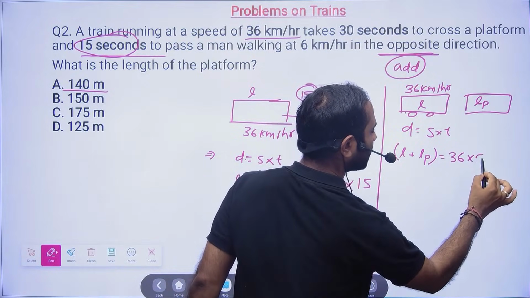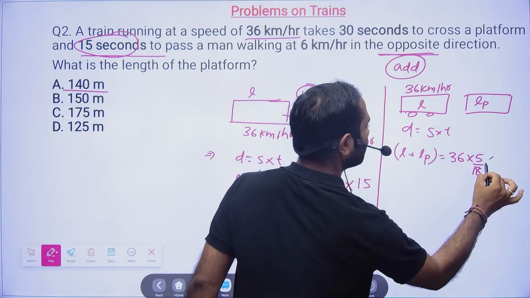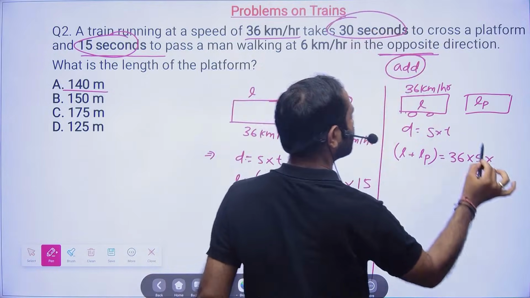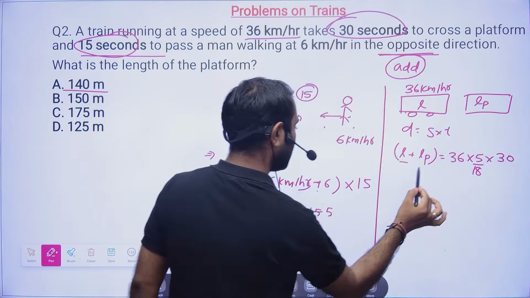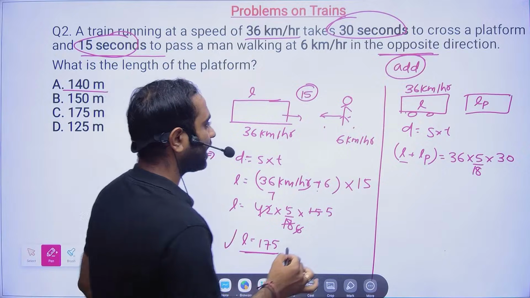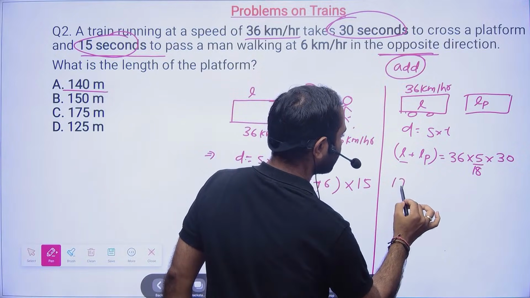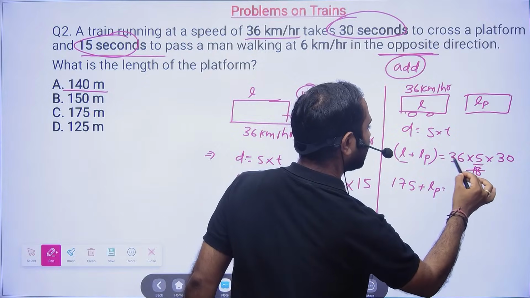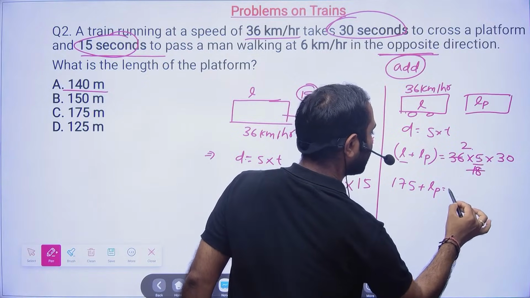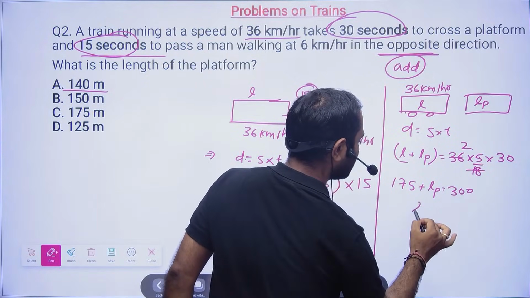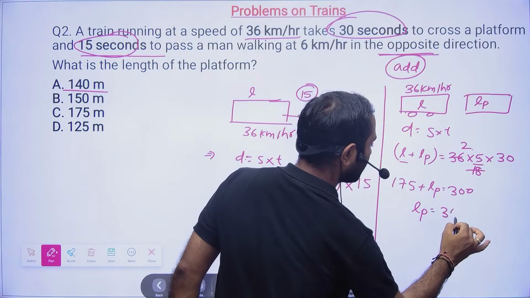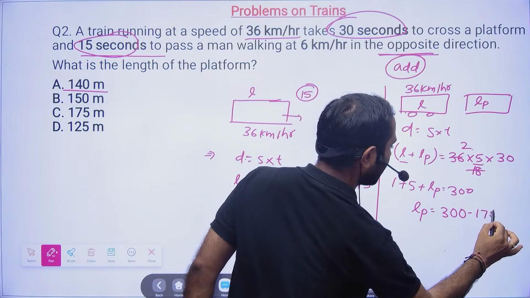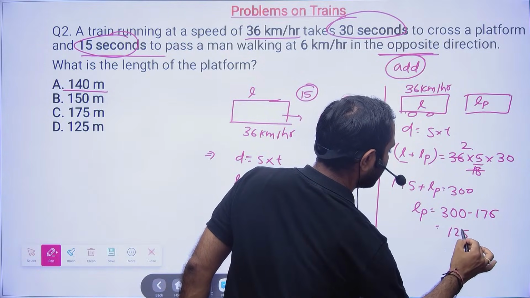My dear friends, convert it to meter per second. Why, sir? Because time is given in terms of seconds. That's all. Now the length of the train we already know. So it is 175 plus LP will be equal to 10 into 30, so 300. So your length of the platform will be equal to 300 minus 175. It will be equal to 125.